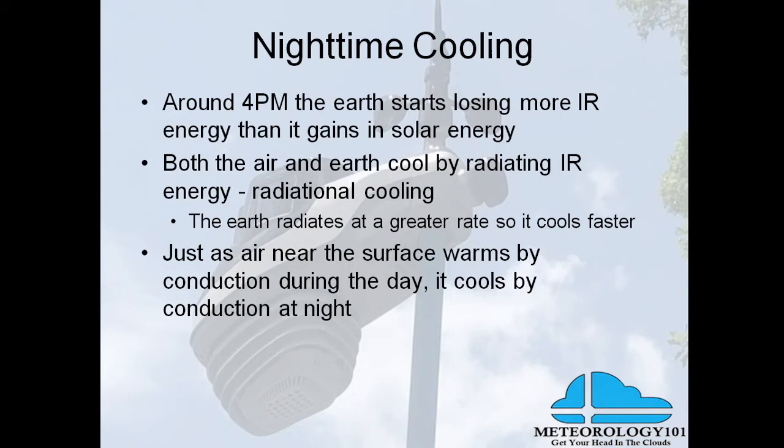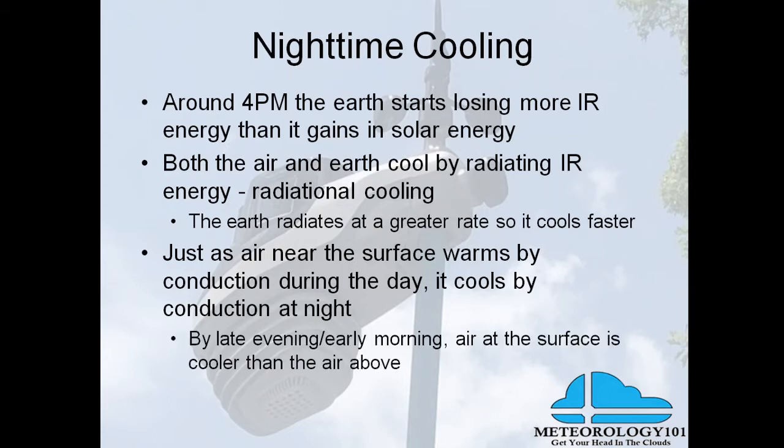So with more incoming solar radiation from the sun, the Earth will absorb it, but when the sun goes down, the Earth will radiate much faster and get rid of that heat. Just as the near surface warms by conduction during the day, it cools by conduction at night. By late evening, early morning, air at the surface is cooler than the air above.